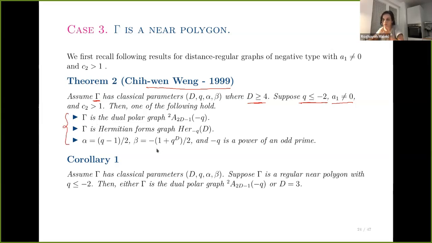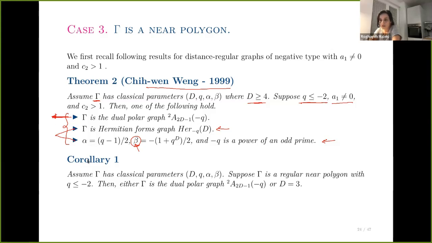Doing some computation, we computed beta and noticed that beta doesn't satisfy this part, and also this part doesn't hold. So we showed that these last two cases do not hold in our case, and the only case that holds for us is the first case.